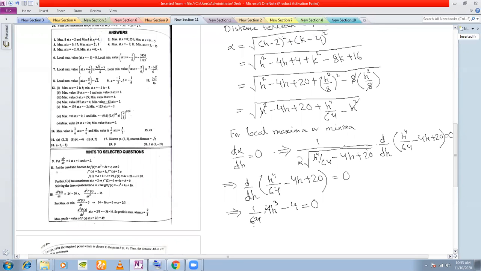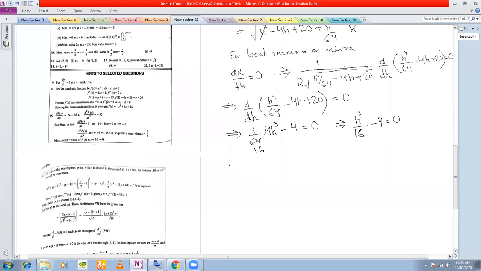Now this will cancel 4 times. So how much are you getting? You're getting h cube by 16 minus 4 is equal to 0. That means h cube by 16 is equal to 4.